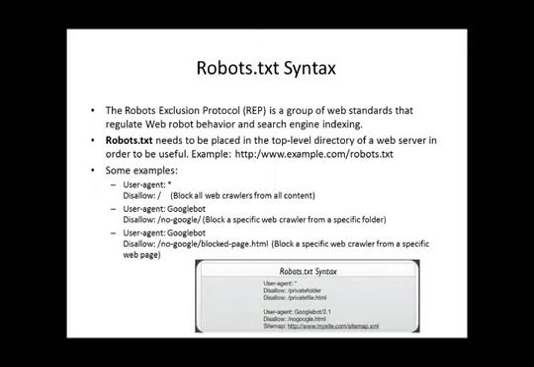This is an indication to Googlebot that the no-google directory should not be crawled by the Google crawler. So when the Google crawler comes to this individual directory, it is blocked and does not index this folder in its database. The third example that we see over here is a direct indication to Googlebot that it should not crawl a specific web page that reads blocked-page.html.